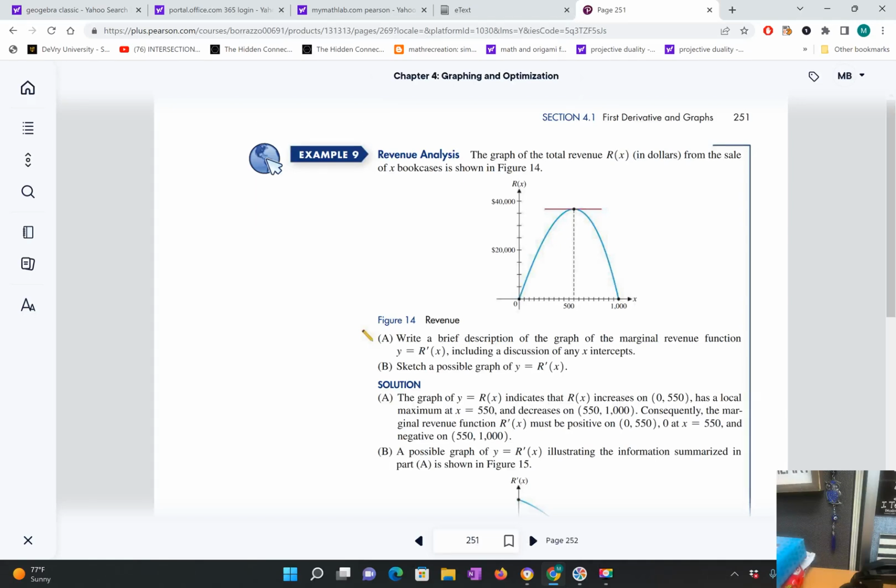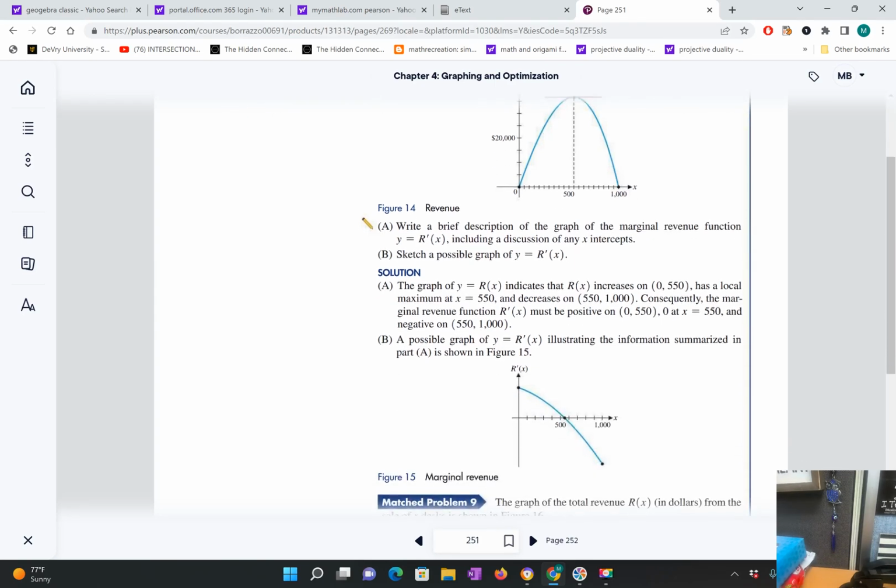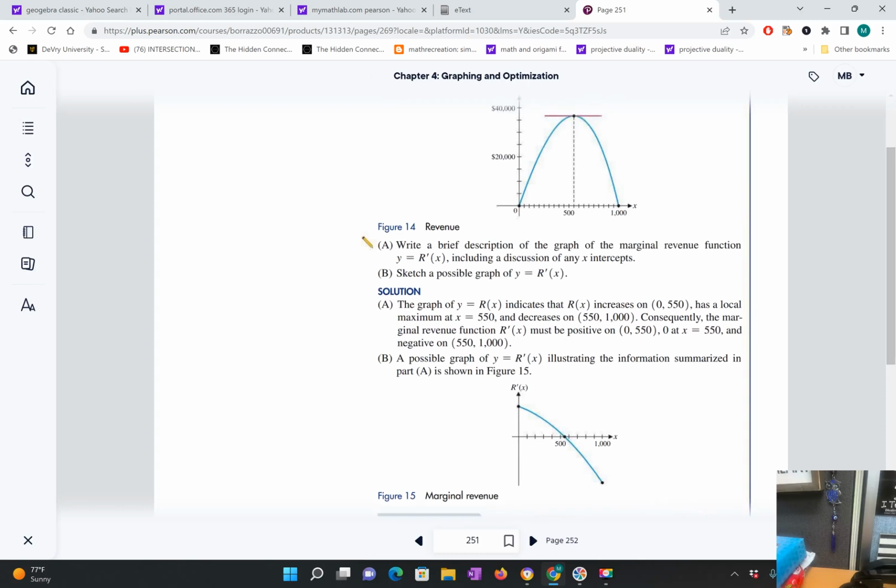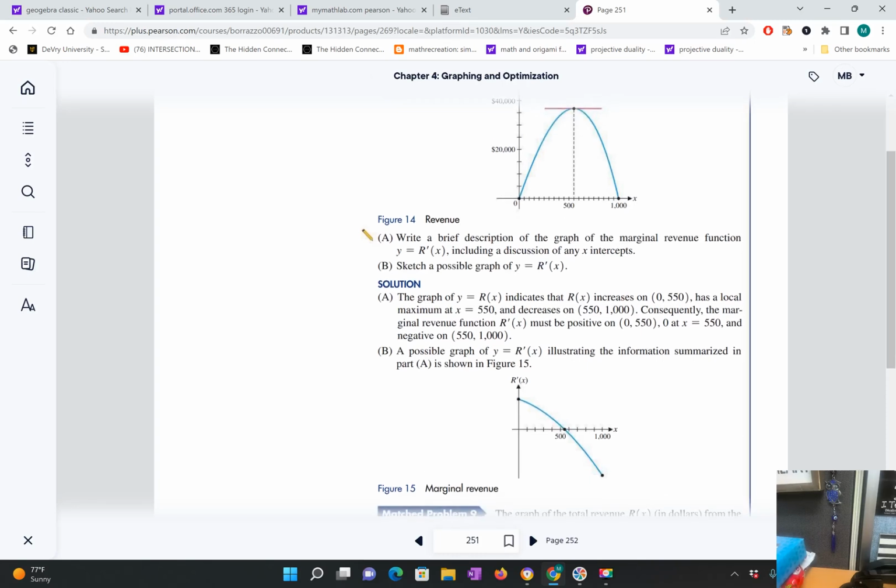In part B, they're asking you to sketch a possible graph. They give you a solution down here, which is quite interesting. If you notice, the possible graph of the first derivative, as summarized in part A, declines from some value of y down to 550.